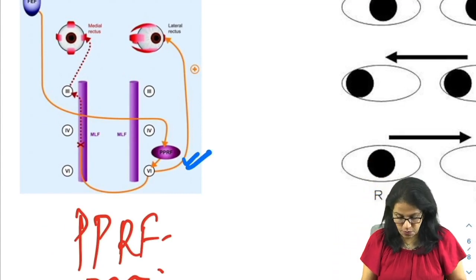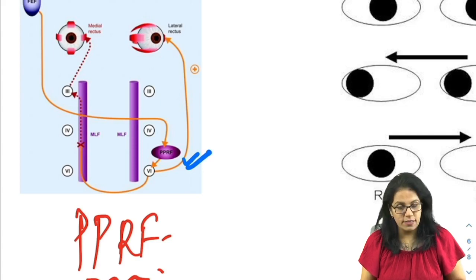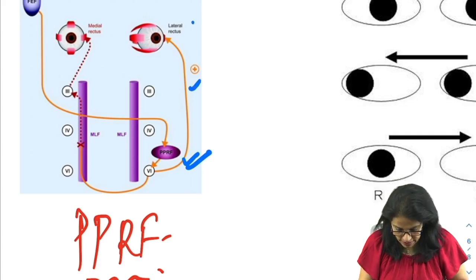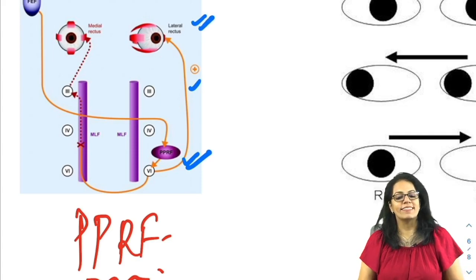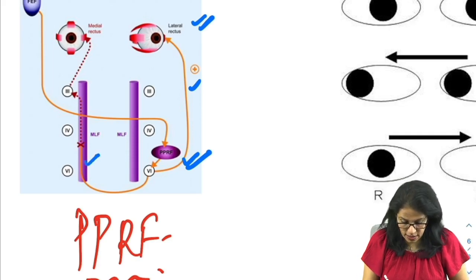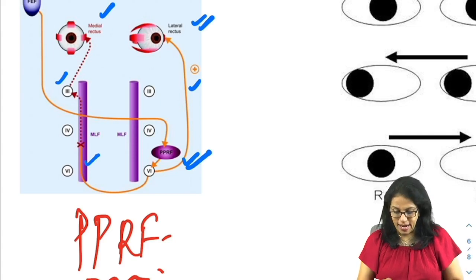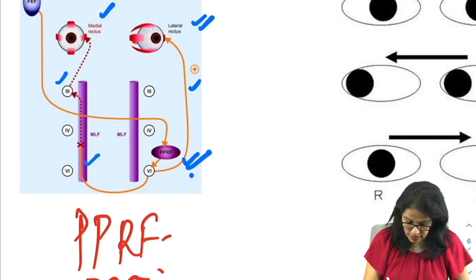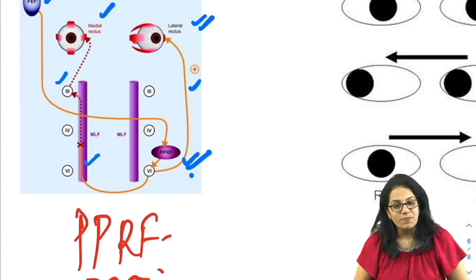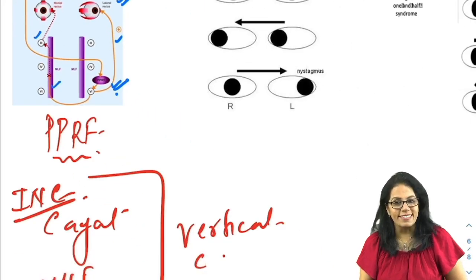So the PPRF orders the nucleus of the sixth nerve. Through the sixth nerve, it finally innervates the lateral rectus. It will also innervate the opposite side MLF of the left side, going to the third nerve nucleus, and then contracts the medial rectus. And this PPRF of one side is managed by the frontal eye field of the other side. Easy? If you're drawing with me, it's very easy.